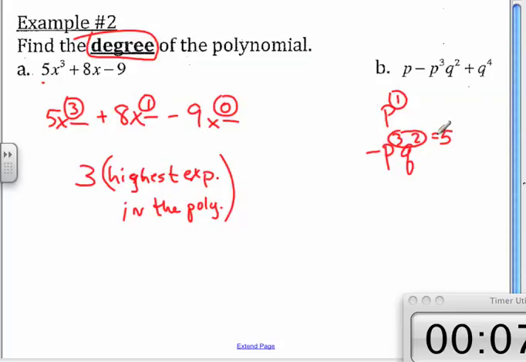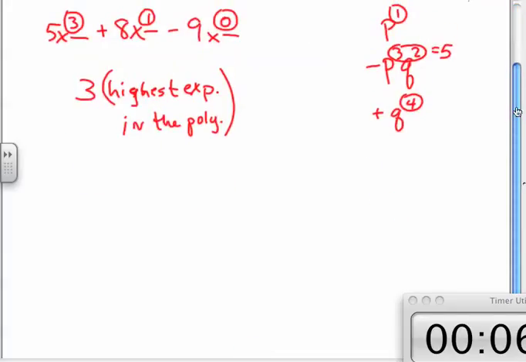All right? Now, what is the degree? Let's see. The last term, it says plus q to the 4th. What's the degree of that last term now, Donald? 4. So now let me ask the question. Is this polynomial written presently in standard form? Is it, Alexander? No, it's not.